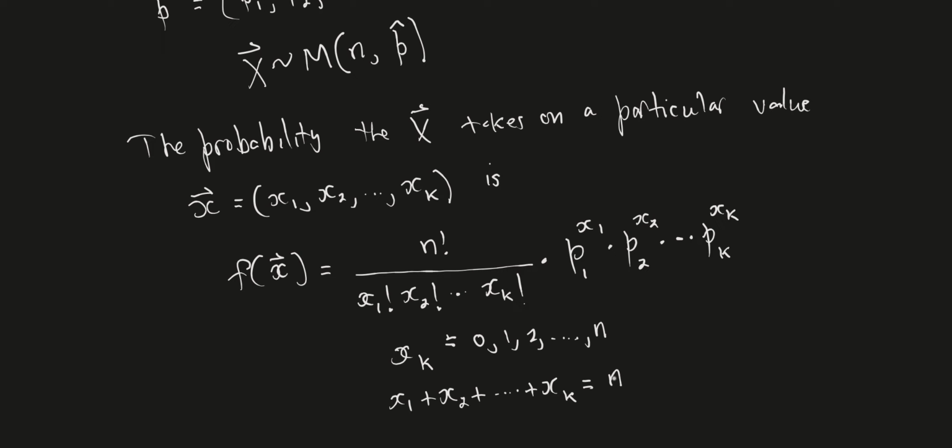So again, it's still a discrete sample space, but it's now in this sort of vector form. It's essentially the components of the vector from our observation. However many we observe for x1, x2, all the way up to x sub k, those observations have to total our number of trials. All right.